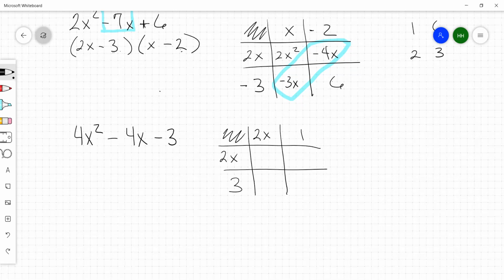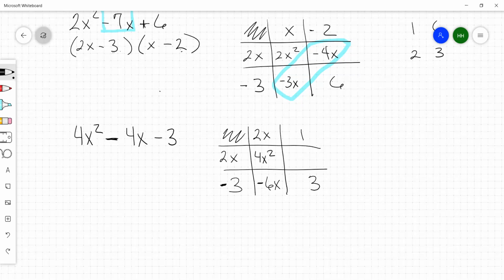Because my 3 times my 1 is 3. My 2x times 2x is 4x squared. Now, my 2x times 3, that's 6x. But I need a negative 4x in the middle, so I need this to be negative. So I'm going to make this negative. This 3's got to be negative.